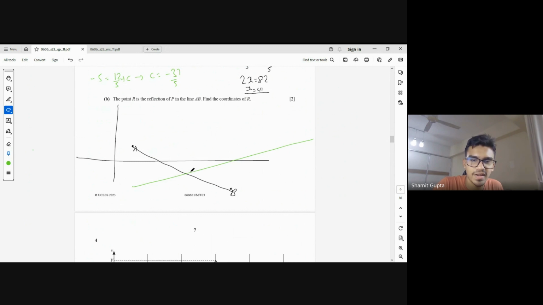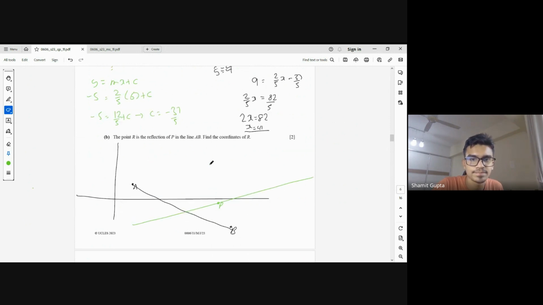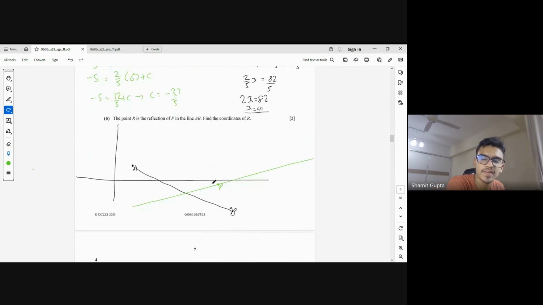I know this doesn't look like 90 degrees. This is just a sketch, okay? So point P is somewhere here then maybe. So the point R is a reflection in the line AB. Wow, okay. So the point R will be somewhere here.